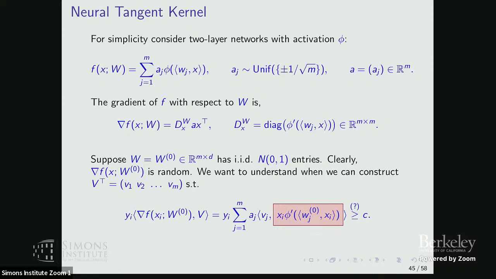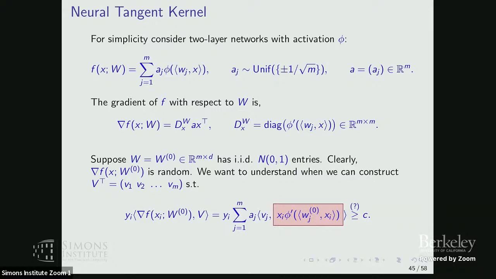We'll think about the second layer weights being plus or minus 1 over root m, where m is the number of neurons. Okay, so we can write the gradient formula as a product of a diagonal matrix that has the derivatives of the network for each neuron, a, the vector of second layer weights, and x, the input.